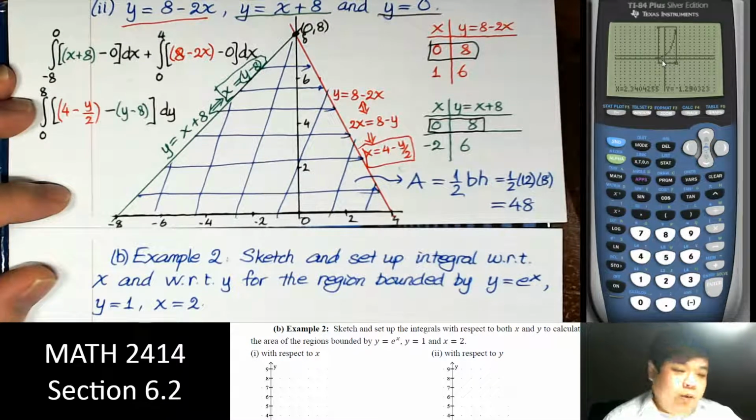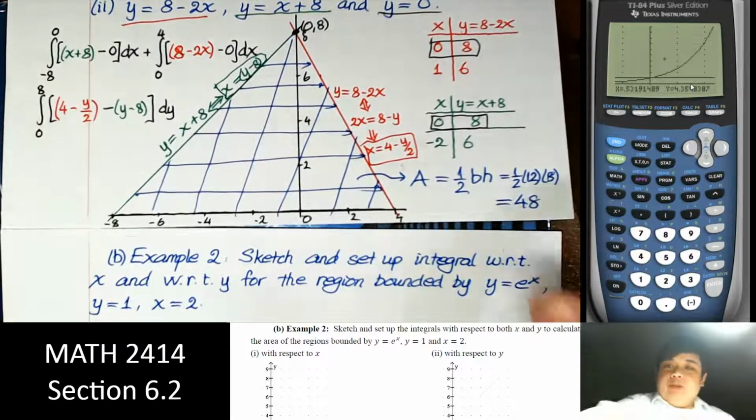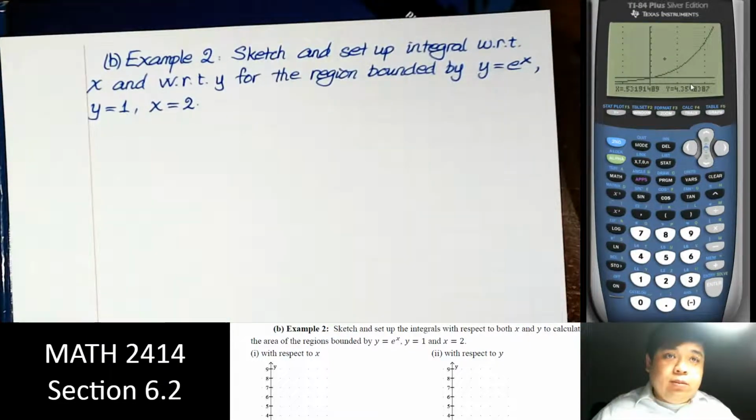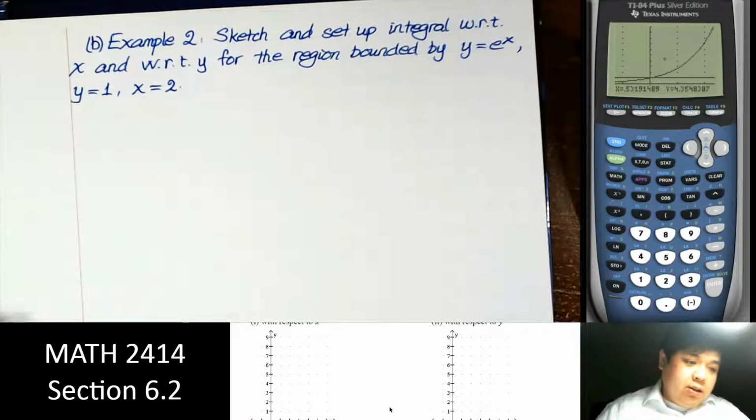So I have to go from x equal to 2, so around here. So let's look at the graph. Right? And x equal to 2 is that vertical line. So we're talking about this kind of shape.